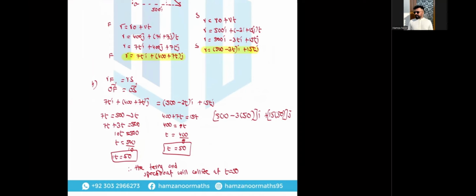So 500 minus 3 times 50, this is 350. So 350i plus 15 times 50, this is 750j. So 350i plus 750j is basically the point of collision. In this way, we have answered this question. 350i plus 750j is the point of collision.